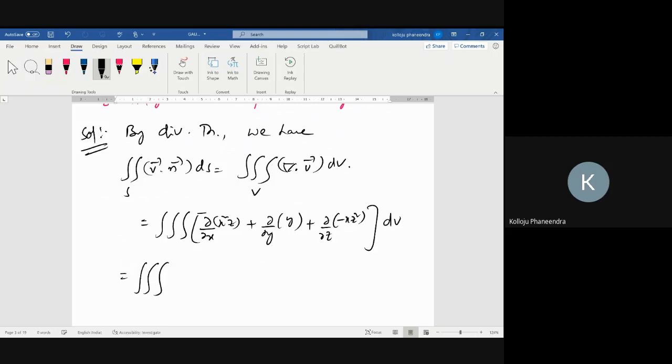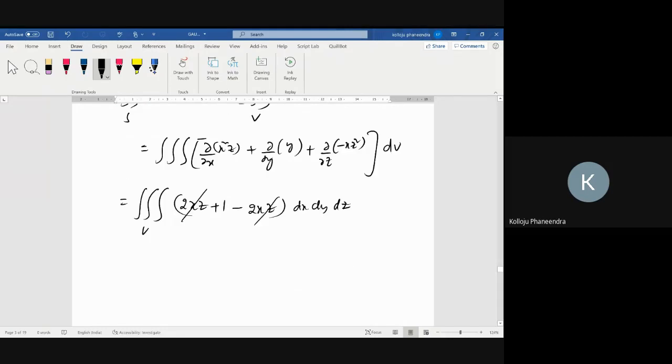So the triple integral over V of 2xz plus 1 minus 2xz, where dv means dx dy dz. These two get cancelled now.